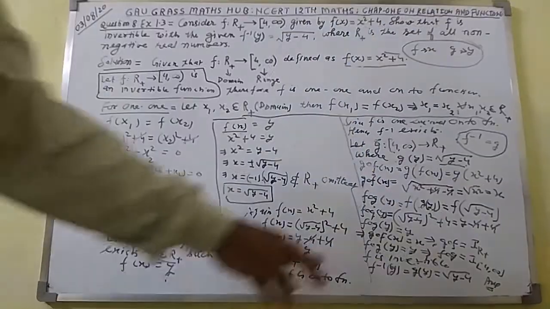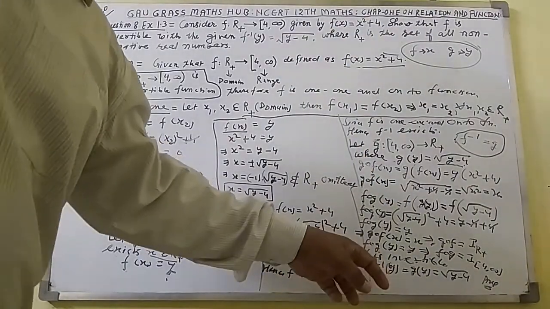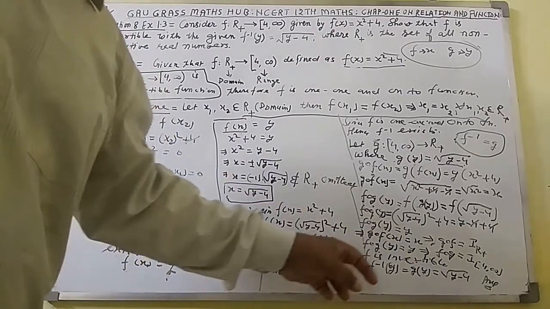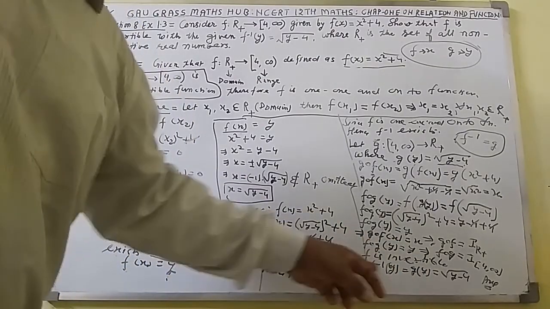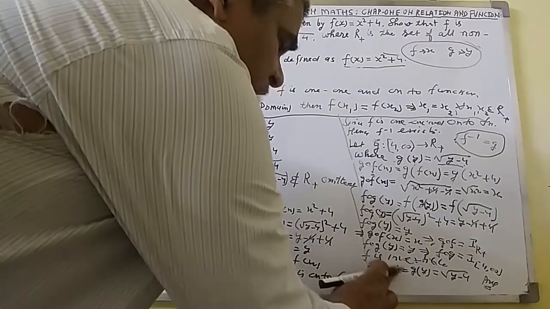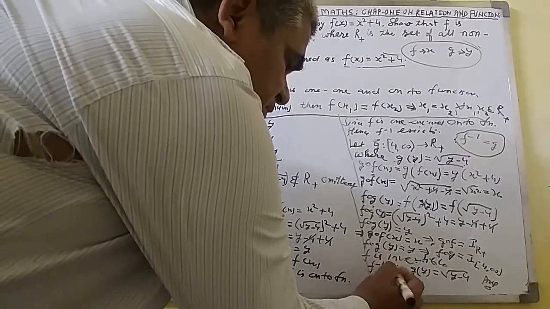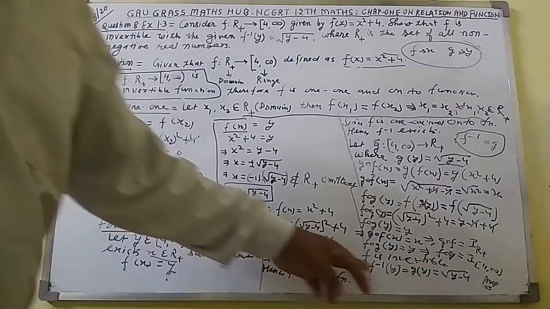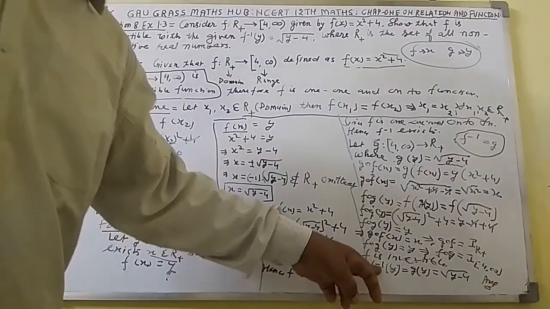So here f is invertible, and f inverse y equal to g(y). The formula is f inverse equal to g.